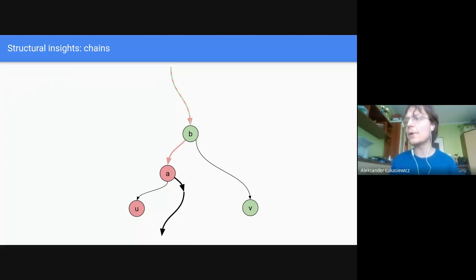So if we know for every vertex u the number of the last ancestor inside this chain, we can pretty easily, for two vertices u and v, compute all of the common ancestors inside this chain, and in particular the ancestor that has the highest number in the topological ordering.